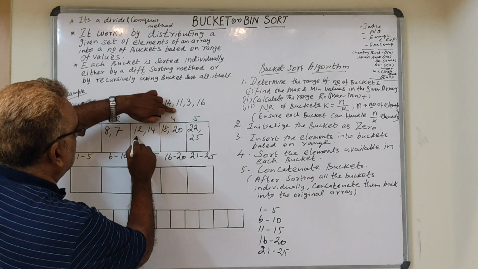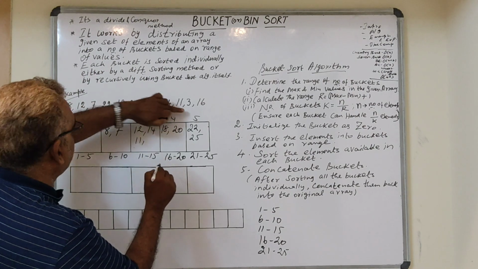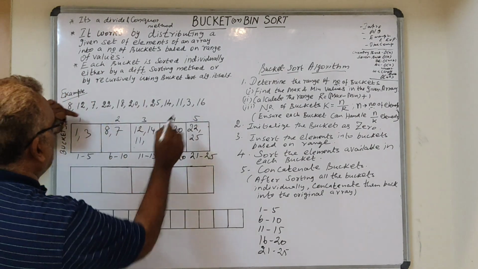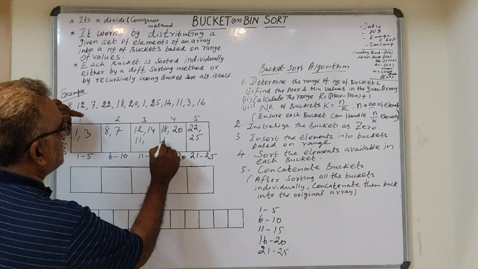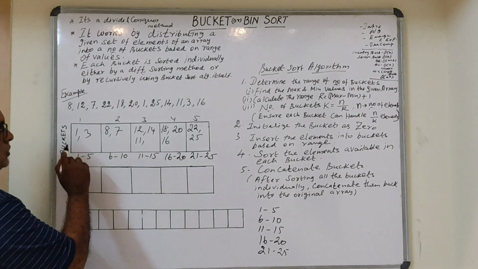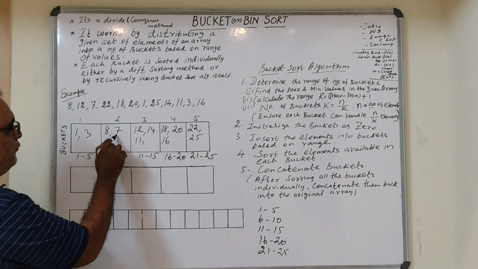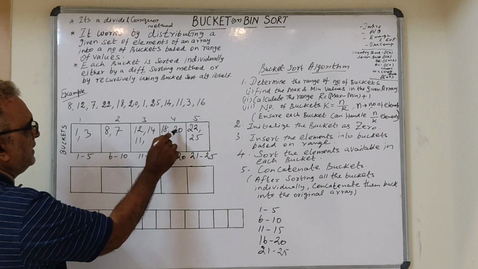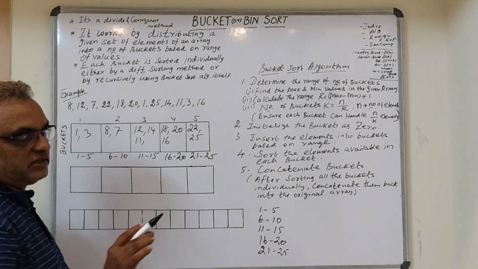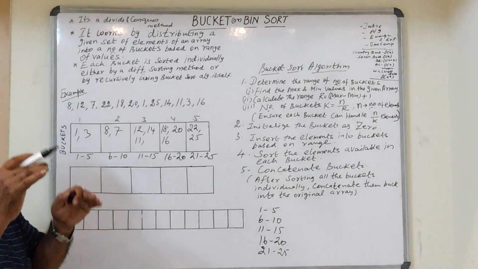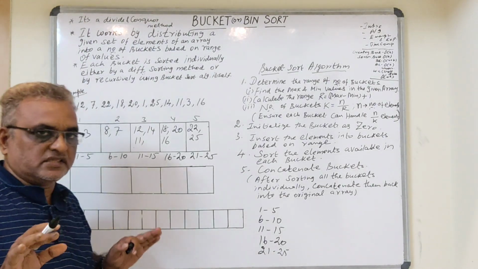Number 11, again the third bucket. Number 3, first bucket. And 16 is the fourth bucket. Just count the values: 1, 2, 3, 4, 5, 6, 7, 8, 9, 10, 11, 12. 12 elements are stored in the appropriate buckets.